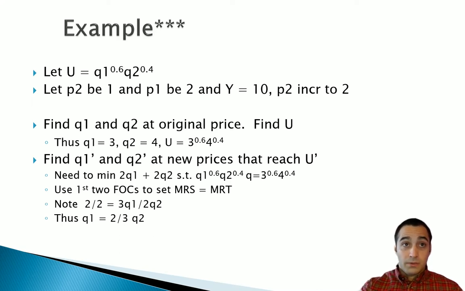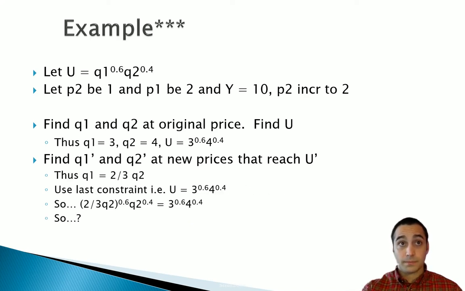So what can I do with this Q1 equals 2/3 of Q2 function in order to get numbers for Q1 and Q2? Well, we still haven't used our constraint. Take this Q1 equals 2/3 Q2 and plug that in to our U equals 3 to the 0.6, 4 to the 0.4.